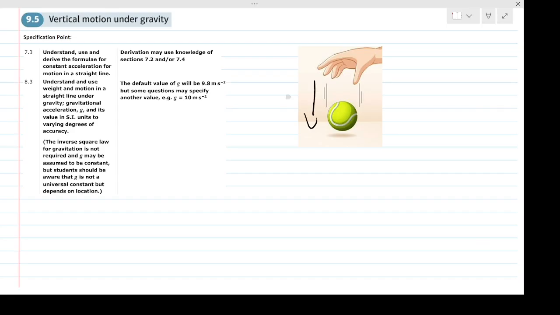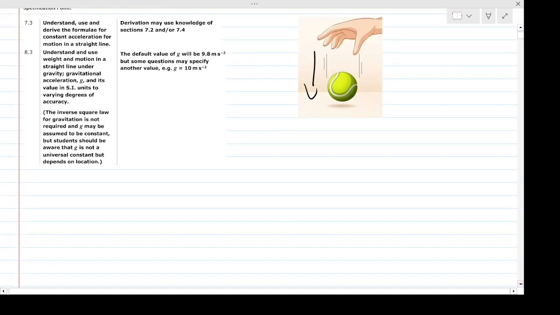What we've looked at so far is using SUVAT, so the displacement, the velocity, the acceleration, the time. We can now apply SUVAT to situations where things are falling down. What's particularly interesting is if I draw something again, let's say I have this little ball falling down to the floor.